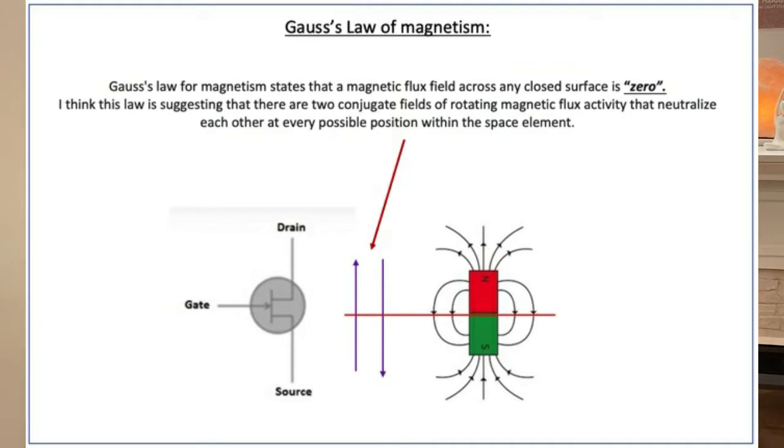Because what we're beginning to see, at least from my perspective, is that we're almost making a true ground connection with this activity, where we have a field going downward and a field going upward, the nature of this rotating magnetic field activity.